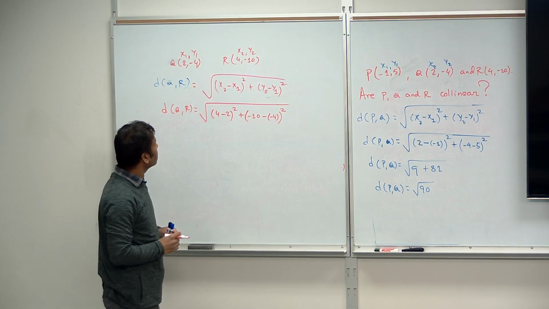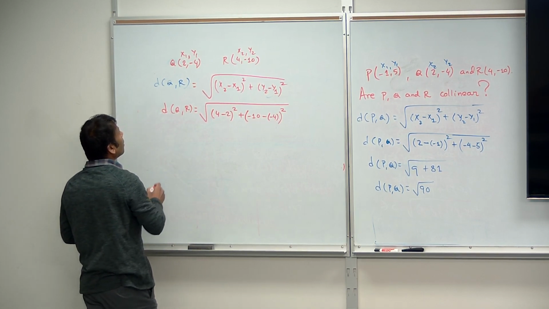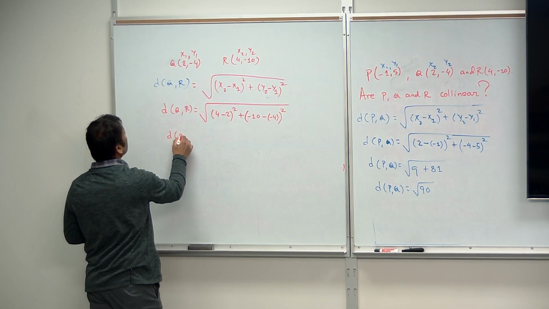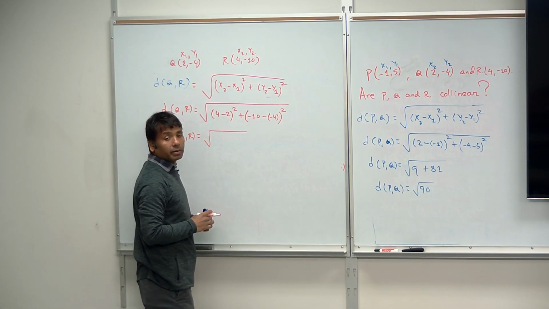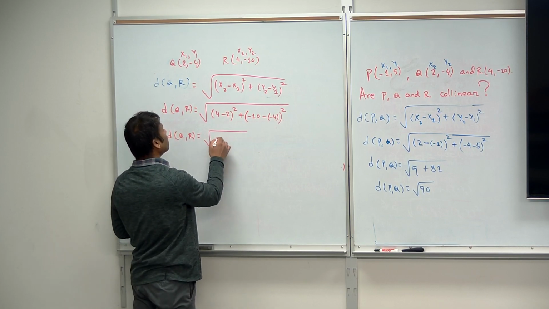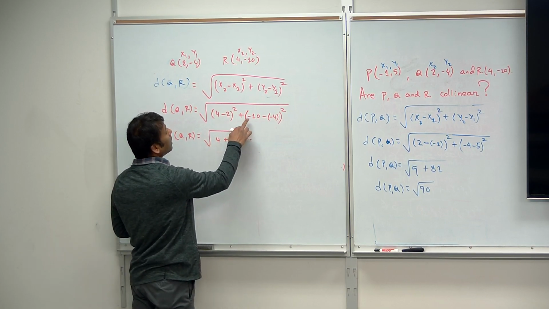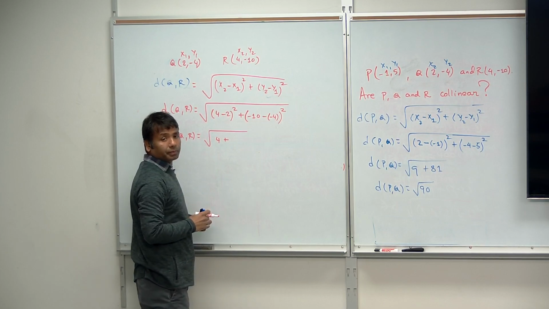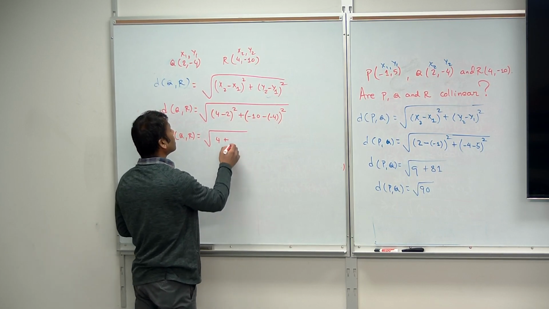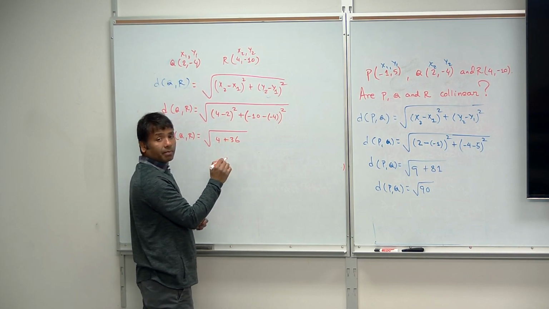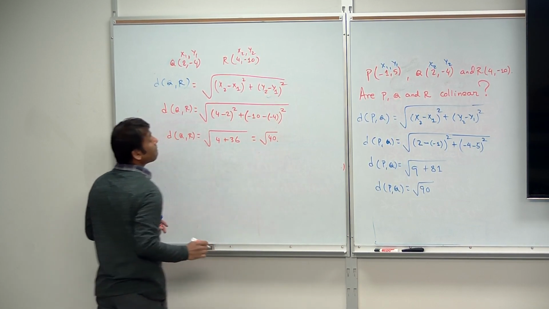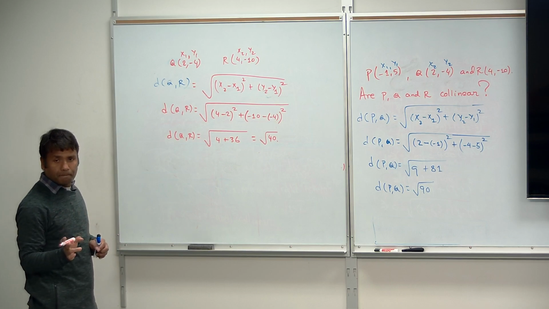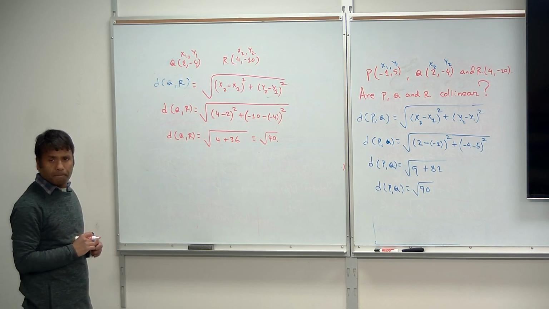Right? So now the distance between Q and R is radical of, what is 4 minus 2? 2 squared, which is 4, plus, what is negative 10 plus 4? Negative 6. And negative 6 squared is 36. Is that right? So this is radical 40. You see that?